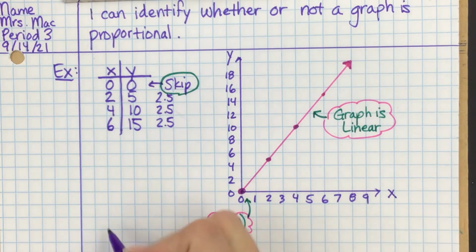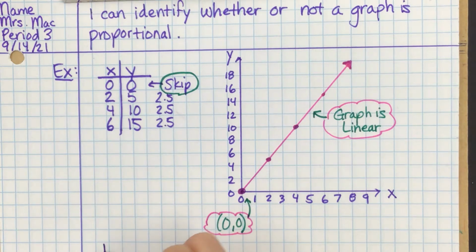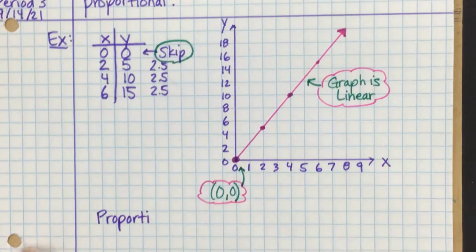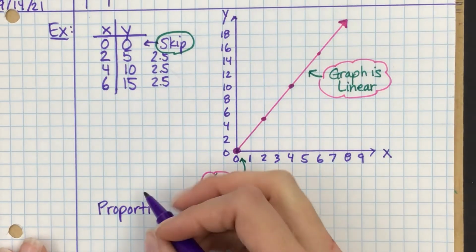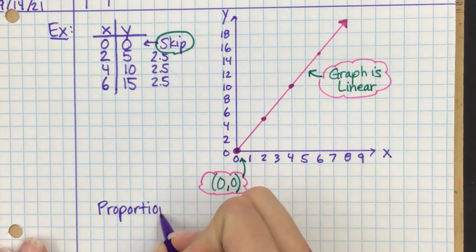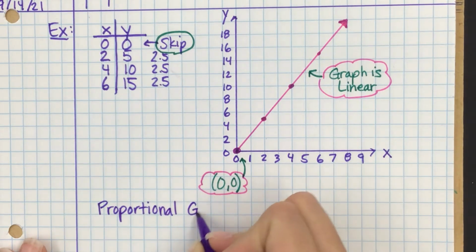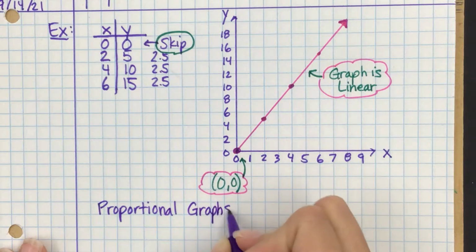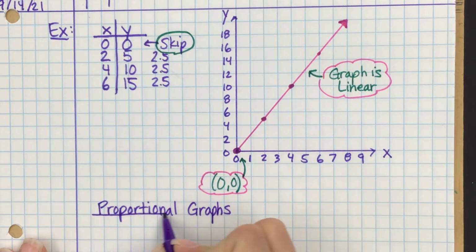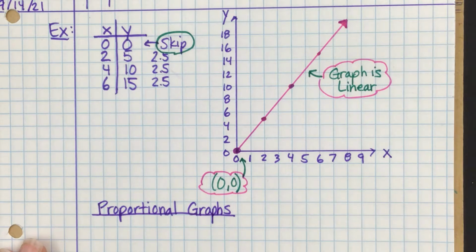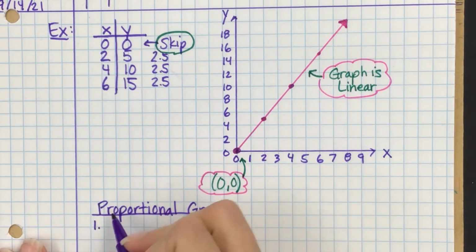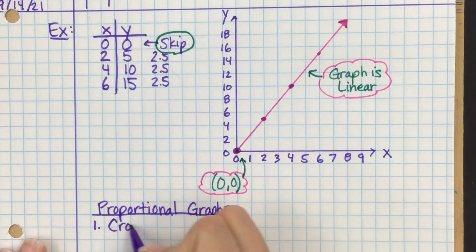So what that means, and I'm going to create a little note here, is that proportional graphs have two distinct characteristics. One, it crosses at 0, 0.